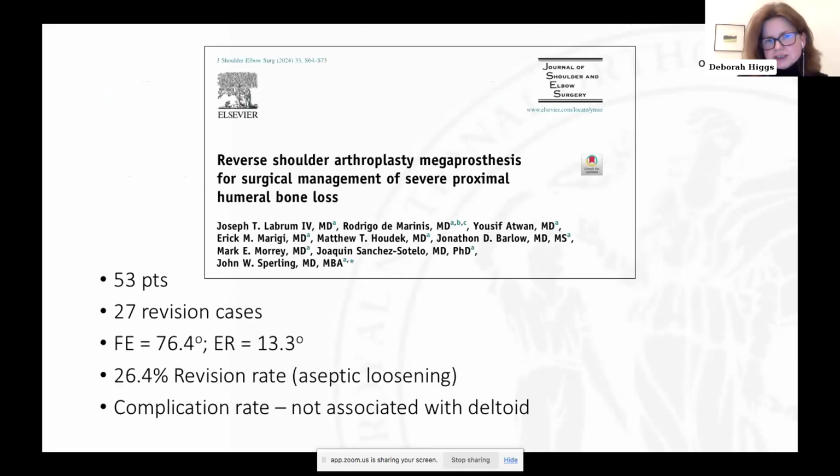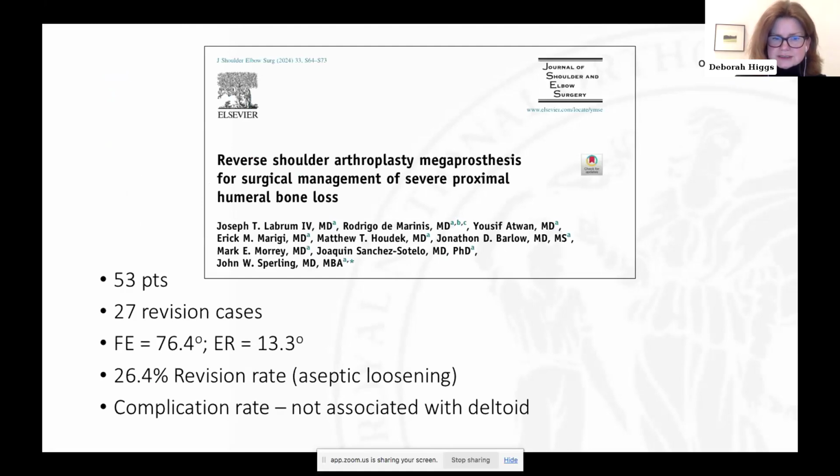If we look to the literature, this was a paper published last year from the Mayo group, looking at 53 patients, 27 of which were revision cases, all using the Zimmer Biomet SRS system. Again, there was a significant revision rate, the most common indication being aseptic loosening, and similar range of motion outcomes to those in the papers for the APCs.